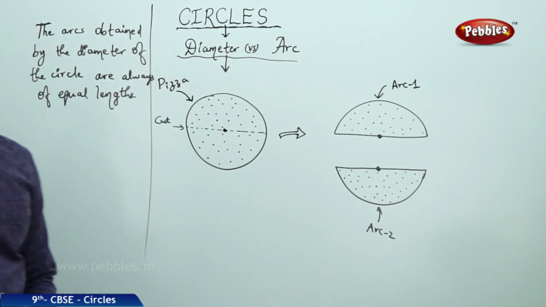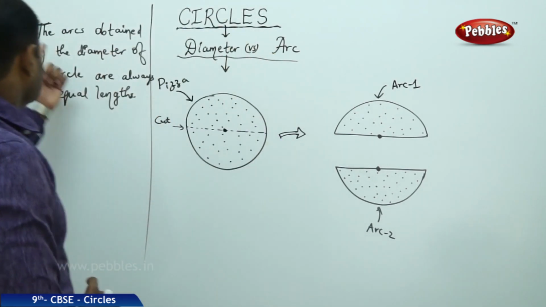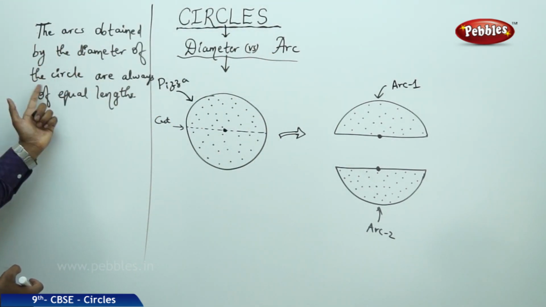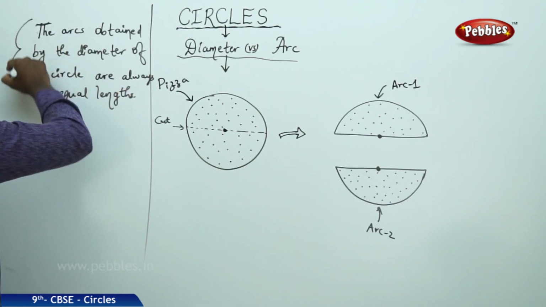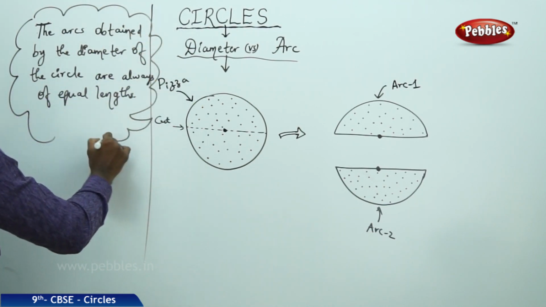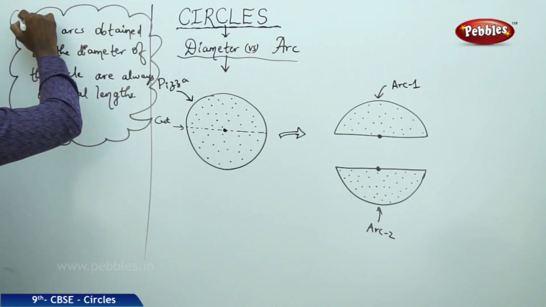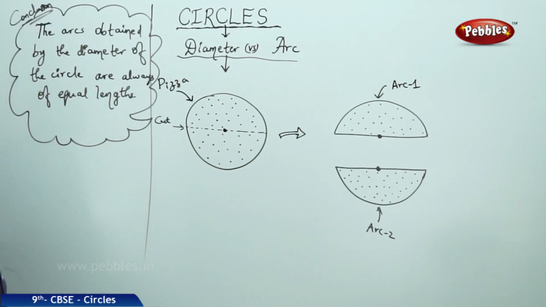So this is one of the investigations concluded: the arcs obtained by the diameter of the circle are always of equal lengths. Is how I conclude the conclusion.